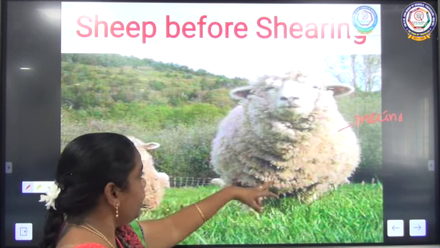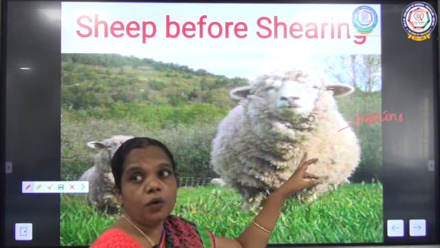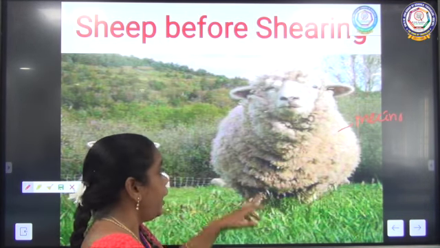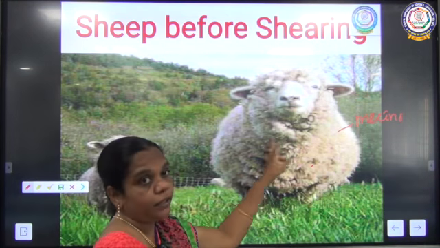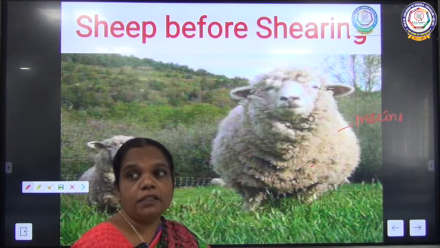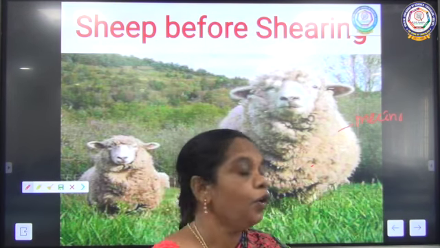See the coat of the animal. Because most of these animals live in cold regions, naturally they have a coat. They are covered by thick fur, which protects them from the cold weather.